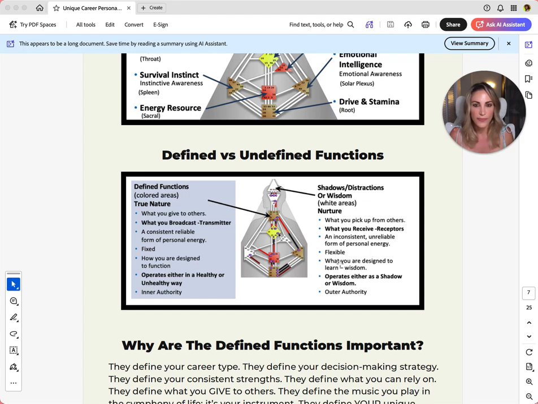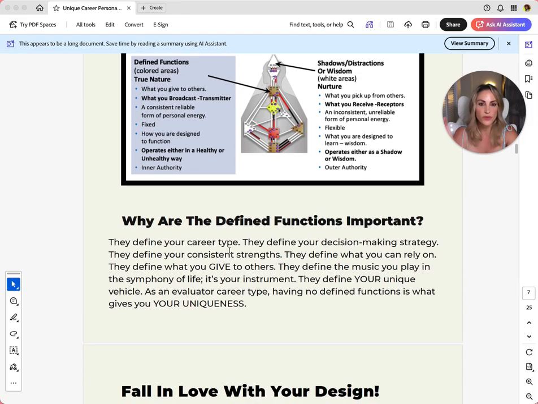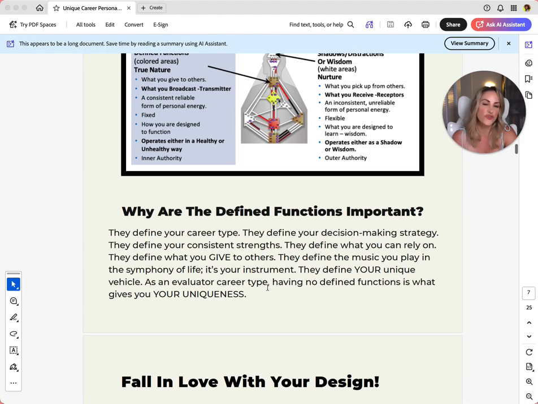Where you have definition, it's actually a reliable form of energy. It's how you're designed to function. It's what you give to others. It's what you broadcast. It's reliable, consistent energy. Your defined functions define your career type and your strengths.